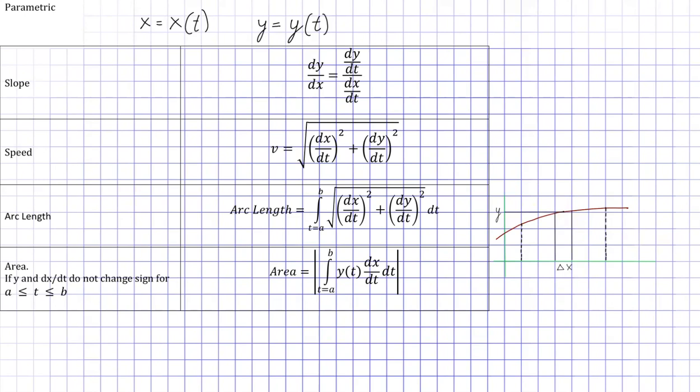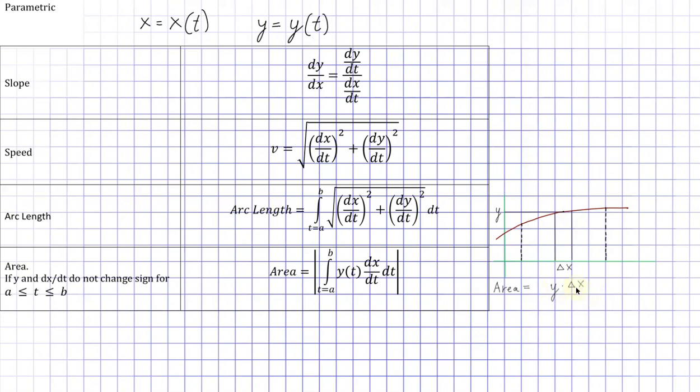Well, the next question is, what is the area of this bar? It's approximately a rectangle, but eventually it's exactly a rectangle, meaning delta x is approaching 0. The area of a rectangle is just the product of height times width.